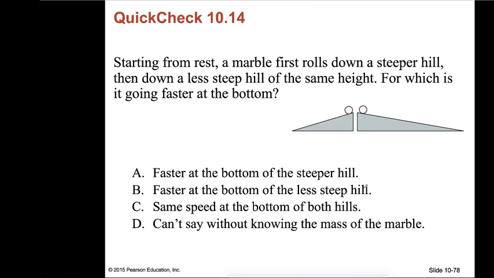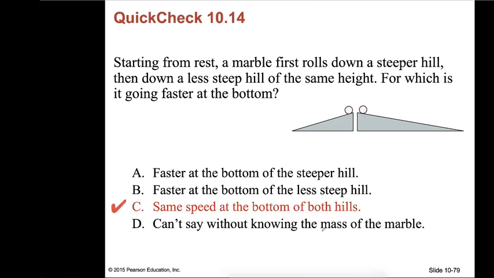Starting from rest, a marble first rolls down a steeper hill, then down a less steep hill of the same height. Which is going faster at the bottom? Now you have 4 options, A, B, C, and D. So which one do you think is faster?